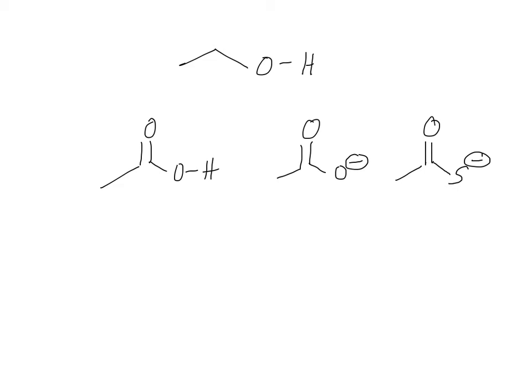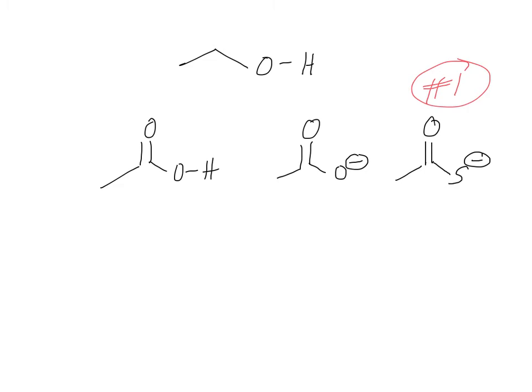In a polar protic solvent, the solvent is able to interact with the nucleophile, so the bigger the nucleophile is, the harder it is to surround. So in this polar protic solvent, this would actually be your best nucleophile, just because it's bigger and harder to surround.